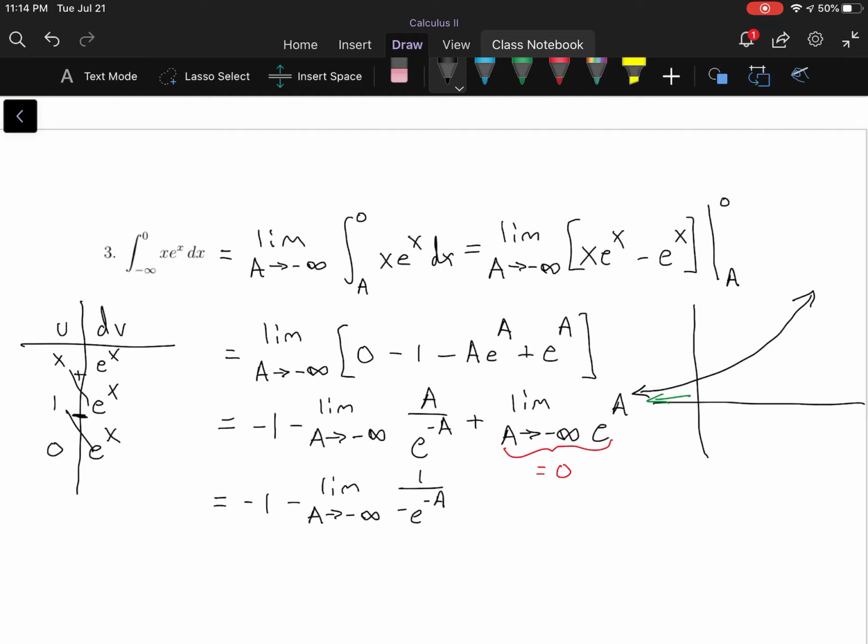And now when we take the limit of the 1 over negative e to negative a, you have 1 over negative e to the positive infinity, which is 1 over a really large number, which means that this term is also 0. And we are left with the answer of -1, which is finite. And so that means that our integral converges.